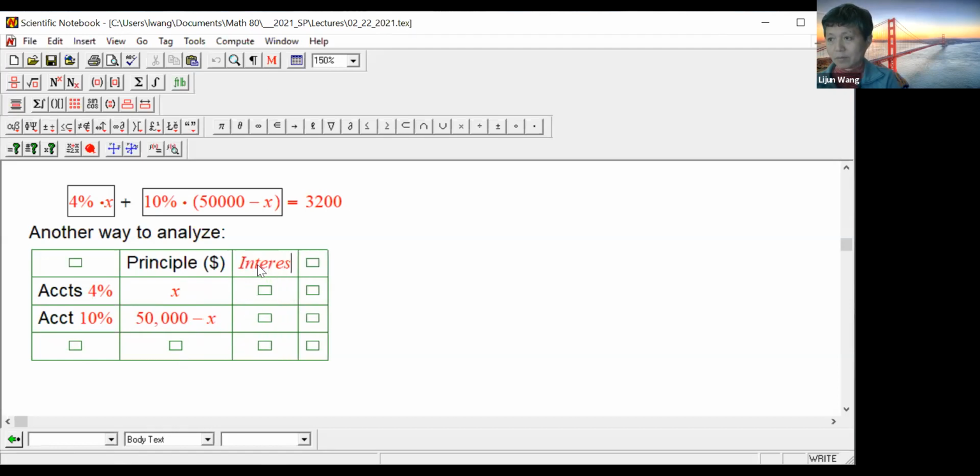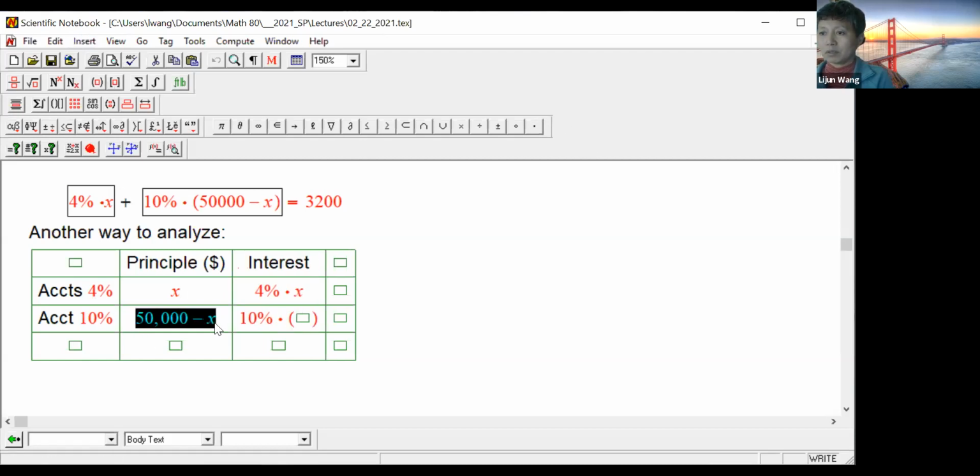Interest. How much interest is earned at 4%? It's 4% multiply X. And the other one is 10% multiply the principal.